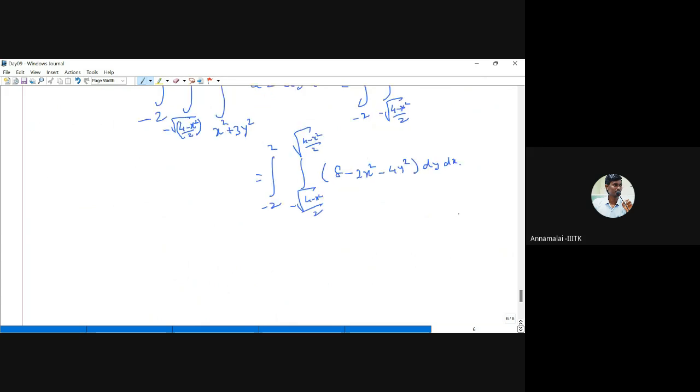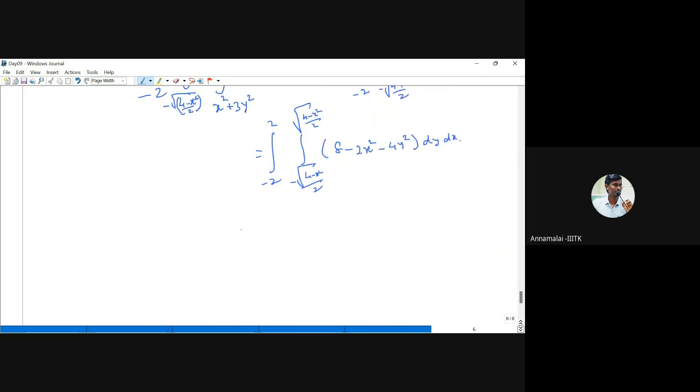Now integrate with respect to y, and then substitute the limit. So integral from minus 2 to 2, 8y minus 2x square y minus 4y cube by 3 with respect to y, right? And then you have to substitute square root of (4 minus x square) by 2. The upper limit is square root of (4 minus x square) by 2, and this is minus, into dx. So substitute y equal to this value.